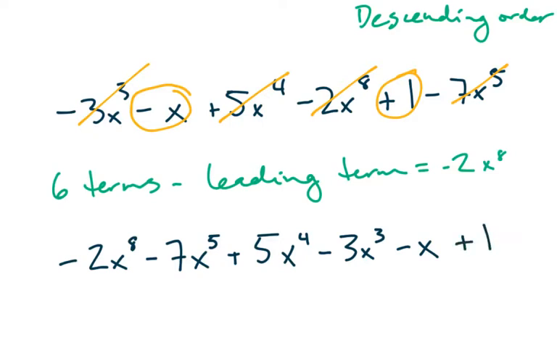Our constants always come last. Now I can't combine any terms here because when a term has a different power, they're not like terms. None of these can be combined. None of these are like terms. And we'll talk about that more in the next video. I don't know if I want to put this video next or first. I think first. So the next video we'll talk about combining.